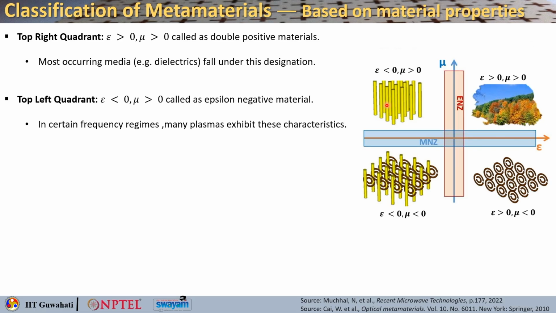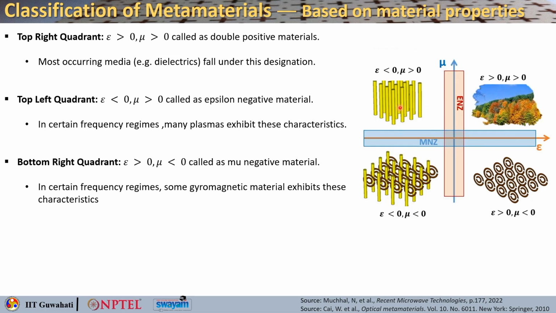This quadrant is where epsilon is negative, so you can call it epsilon negative material. In certain frequency regimes many plasmas exhibit these characteristics. You can think of an array of metallic wires giving you this. The bottom right quadrant is where permittivity is positive but permeability is negative, so you call it mu negative material.